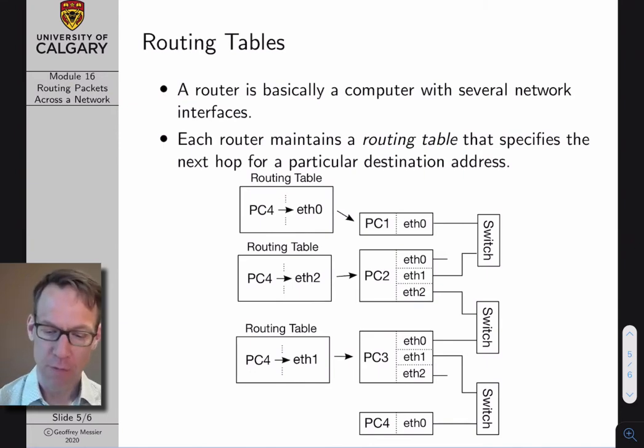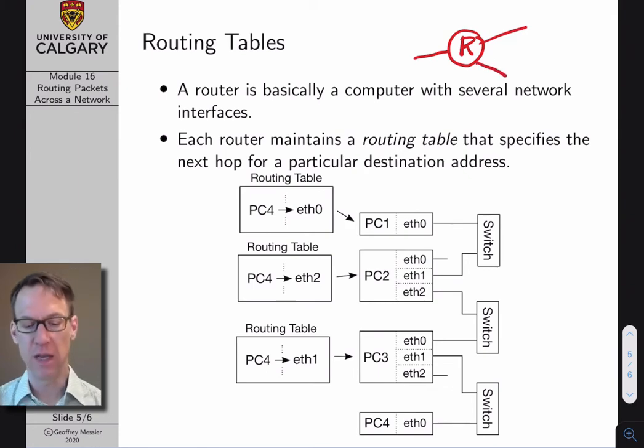So if I have one of these R nodes with maybe 3 connections, this would basically be a computer with 3 network interfaces, right? So 3 Ethernet cards, and each of these lines would correspond to a different Ethernet connection.